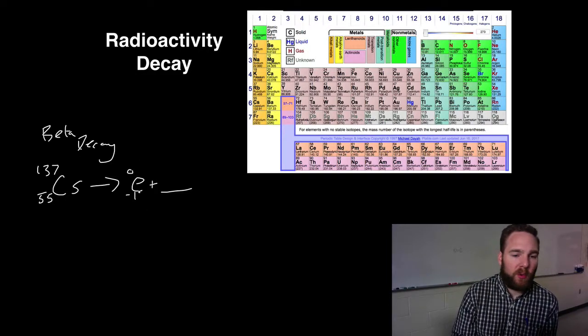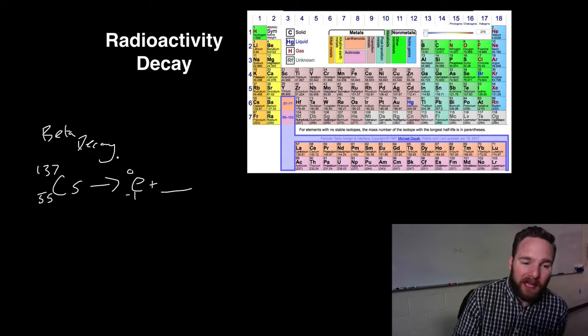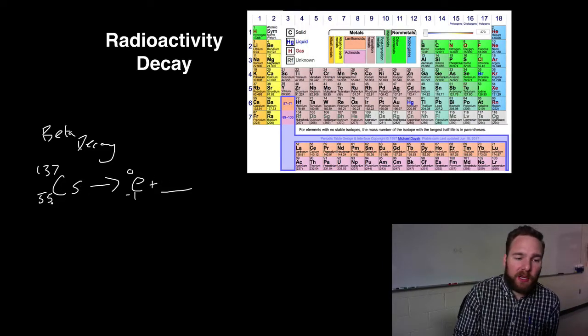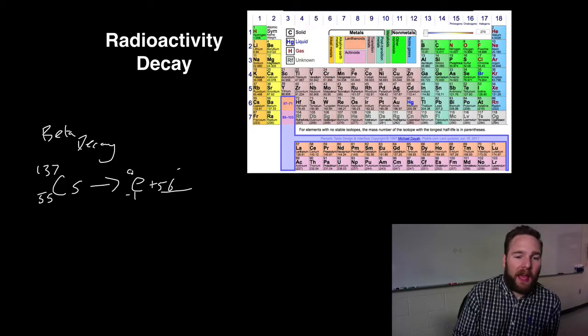So this is important because it's a little bit backwards. If we're taking an electron away from cesium, that actually means we're adding a proton. So instead of 55, this now is going to be 56, and 137 and 0 don't change anything, so this is 137, but now this is no longer cesium.